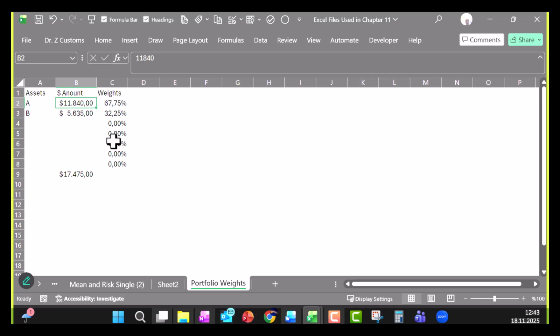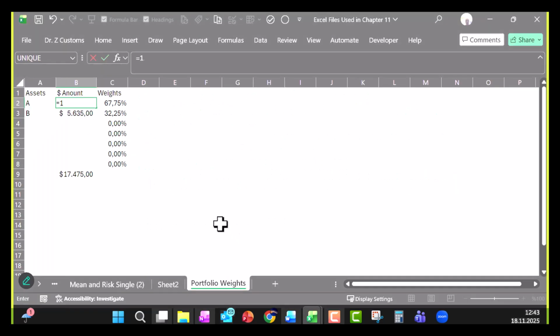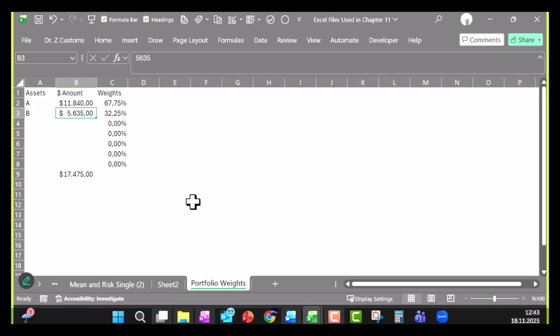I mean, we could have also done the formulas here: 185 times 64, 115 times 49. And that's it. Okay. So whichever one is more convenient for you.